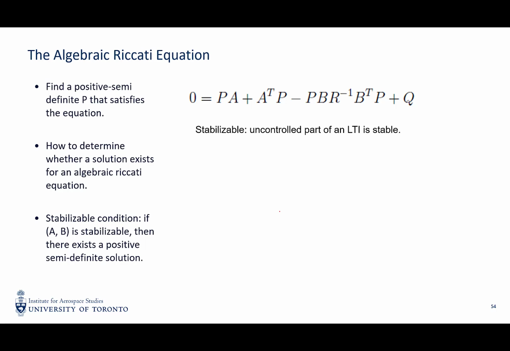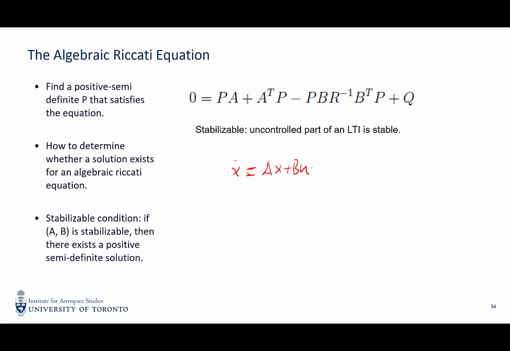So the condition is that if the linearized system is something called stabilizable, then it is guaranteed that there is a solution for P that is positive semi-definite and at the same time satisfies the Riccati equation. So what do we mean by being stabilizable? If you have a system x dot equals Ax plus Bu, and the part that is uncontrollable is inherently stable, then we call it stabilizable.